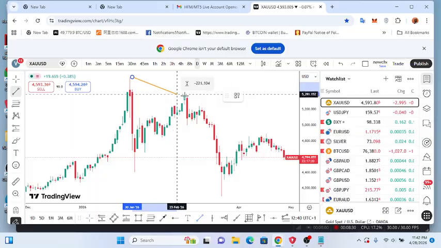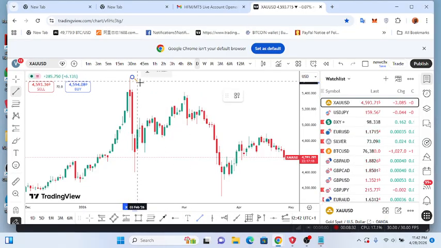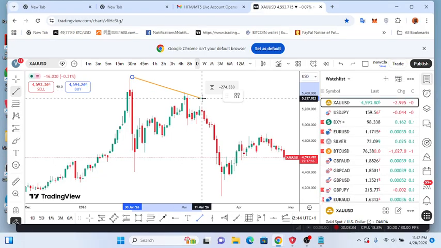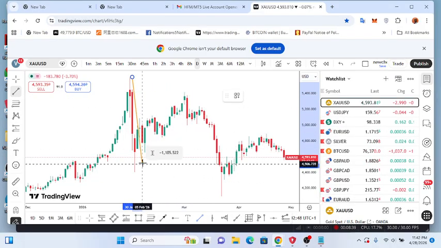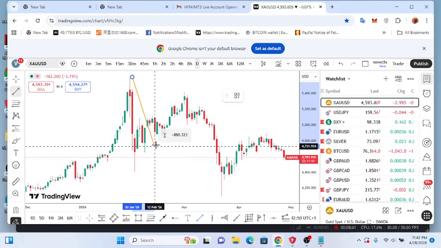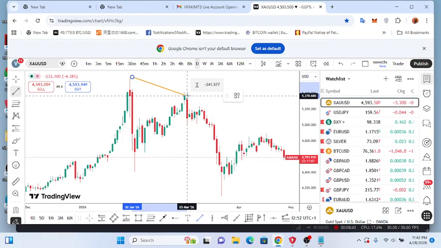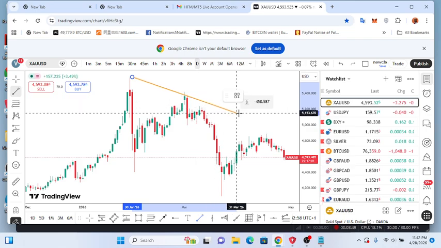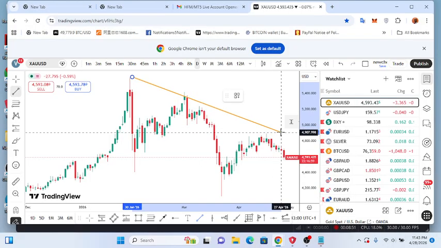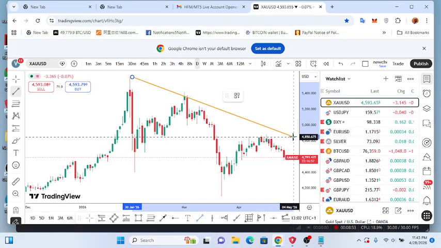I take it from the upper part, from the wick. The next, where the retracement is coming from, this is the retracement coming from here to the point B, and point B won't be on the wick. It's going to be on the close of the candle. We take it down, close of the candle.